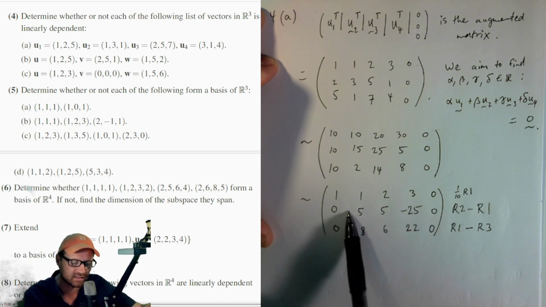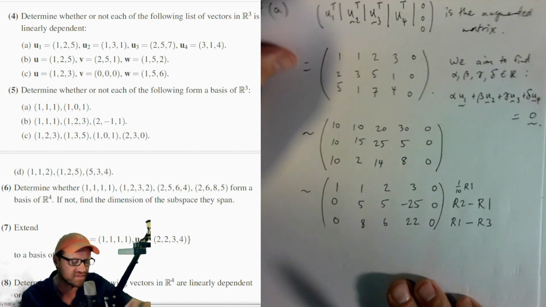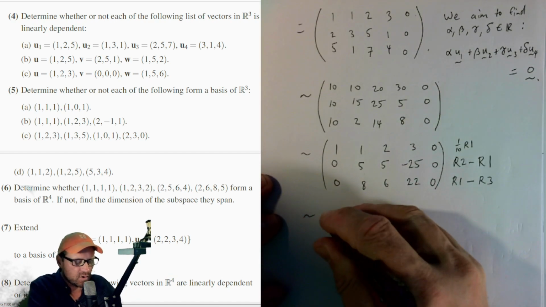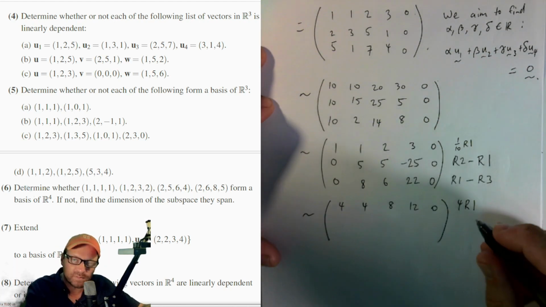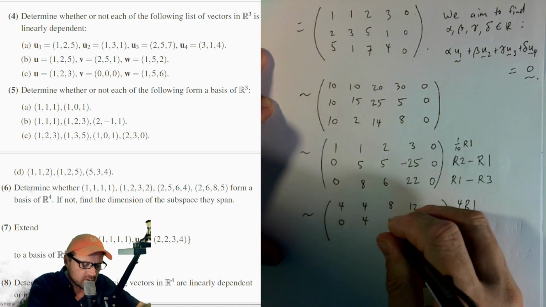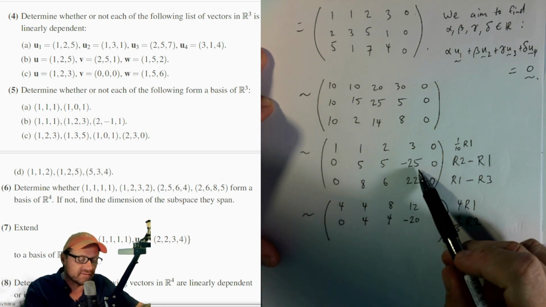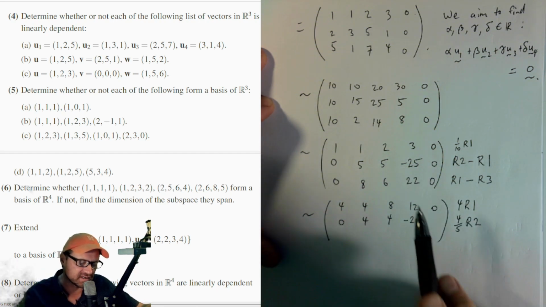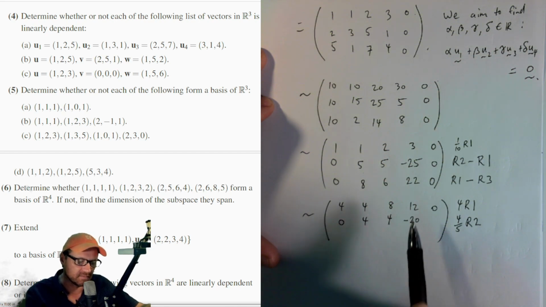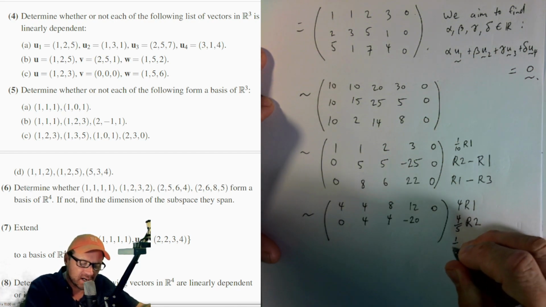So I really want this to be 4 here and this to be 4 up here. So what we're going to do then is multiply row 1 by 4, multiply row 2 by 4 over 5, 0, 4, 4, minus 20. So 1/5 of 25 is 5. 5 times 4 is 20. So we get minus 20 here. There's a negative there. Okay, now the third row I want to multiply by 1/2.